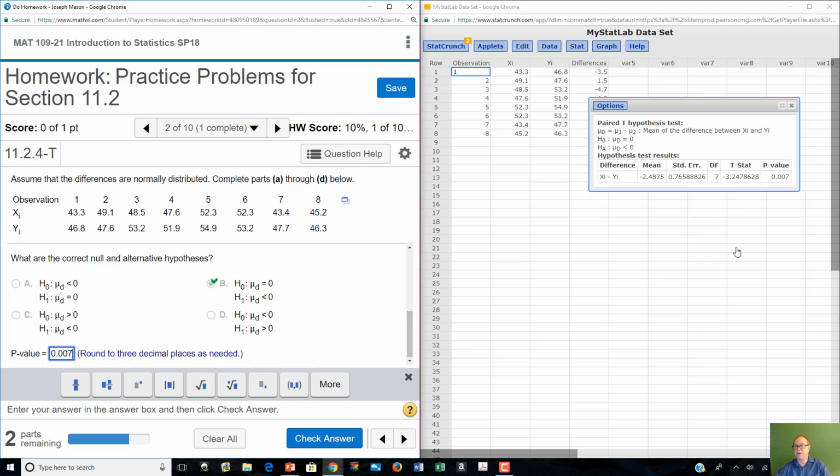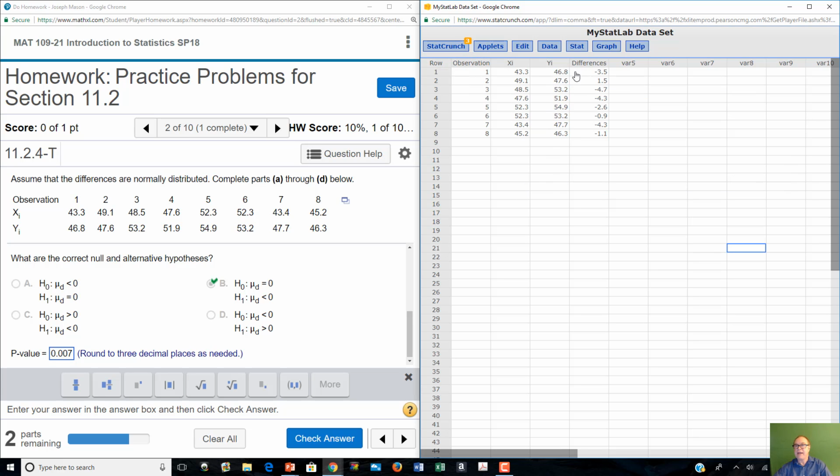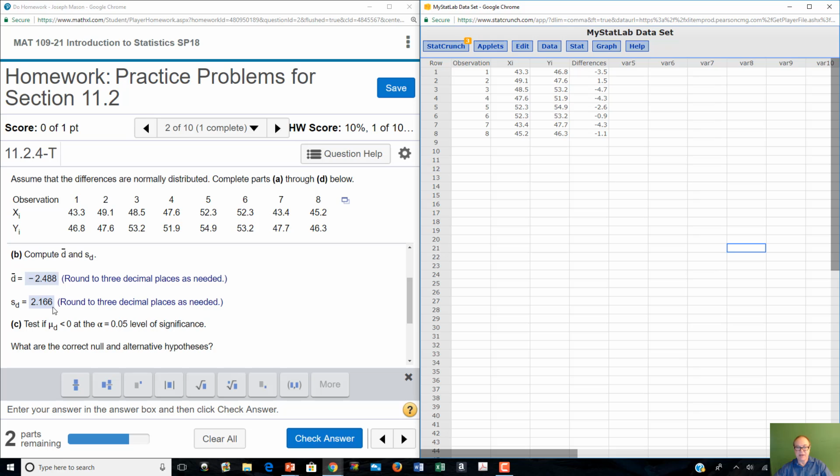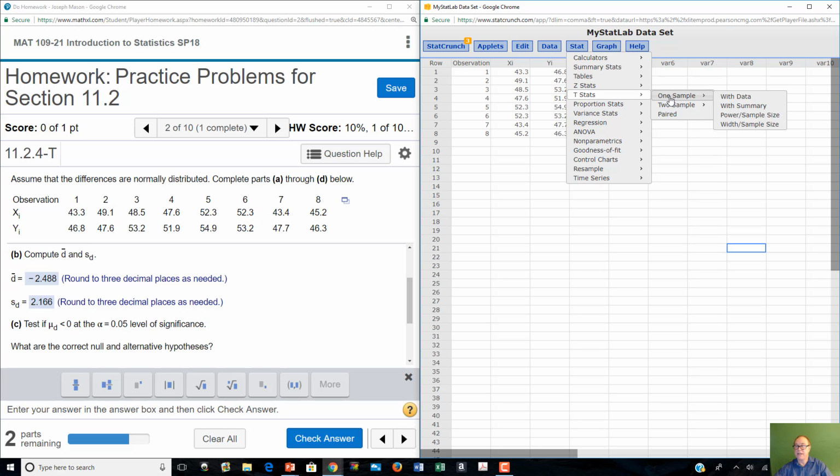Now let me show you something else here, because we will use this on the next problem. Let's say you had the differences. We have the mean and we have the standard deviation of the differences, right? So I could have gone just t-stats one sample with summary.